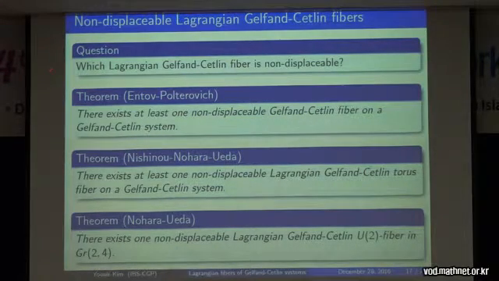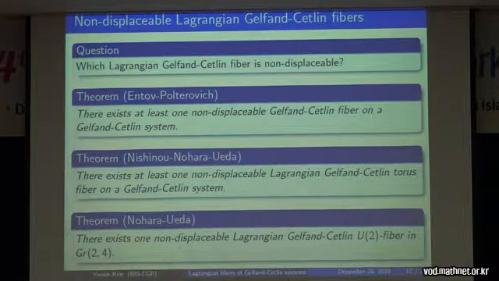Then let's ask which Lagrangian Gelfand-Cetlin fibers are non-displaceable. That's the natural question, and there are at least three known results. Entov and Polterovich's non-displaceable fiber theorem implies the existence of at least one non-displaceable fiber on a Gelfand-Cetlin system.